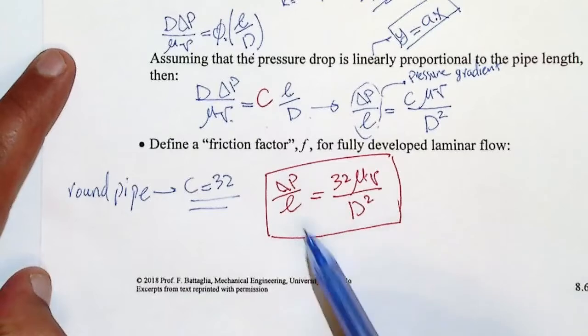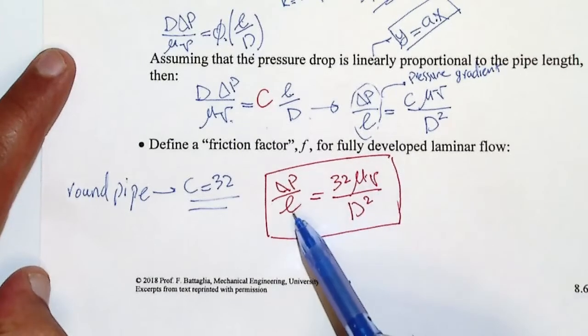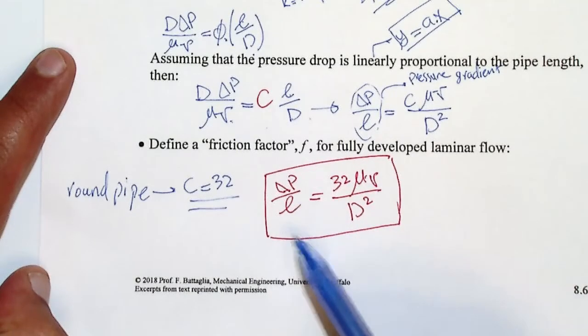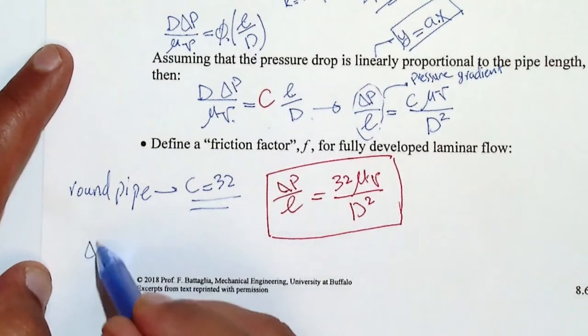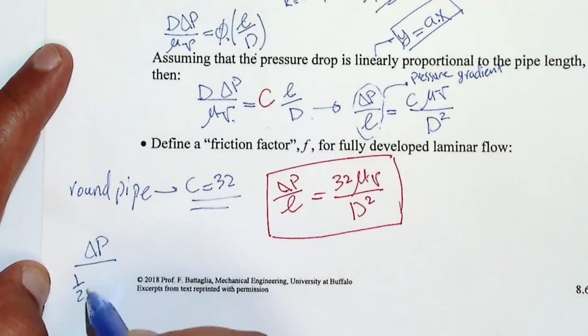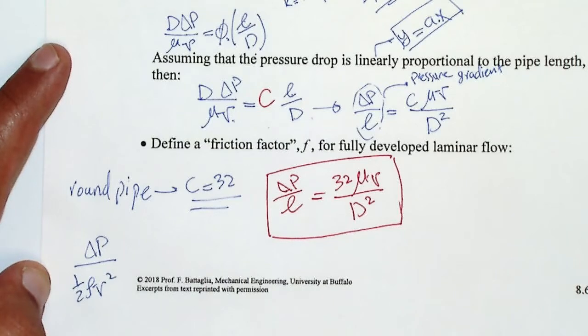So I'm going to multiply each side by L and get rid of the L here, and bring delta P to one side over 1 over 2 rho V squared, okay, which is our dynamic pressure. Why are we going to do that? Because dynamic pressure by itself is a pressure, and delta P over 1 over 2 rho V squared is going to be non-dimensional.